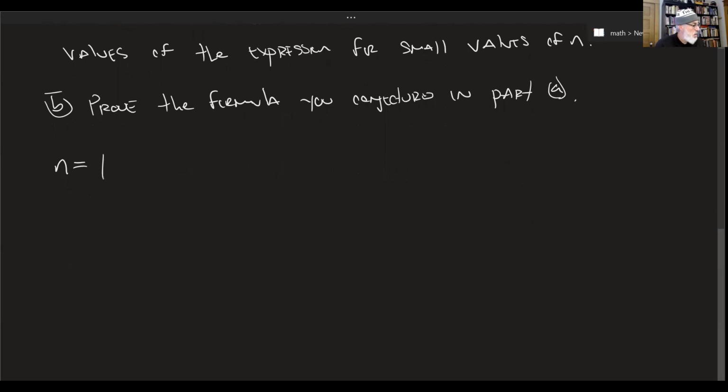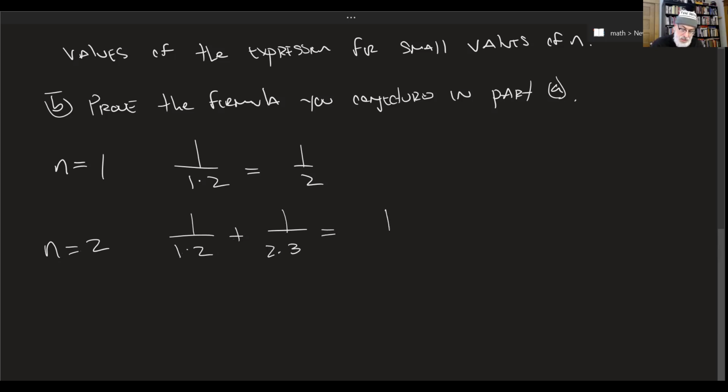So for n is 1, we have 1 over 1 times 2, or 1/2. Essentially, it's the first term. It's just 1/2. Now, n equals 2 means that we're taking the first term, and we're going to add the second term, and that is 2 times 3.